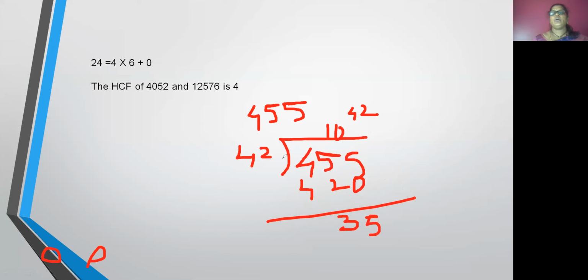Yes. So how are you going to write? First step, 42 into 10 plus 35 is equal to 455.